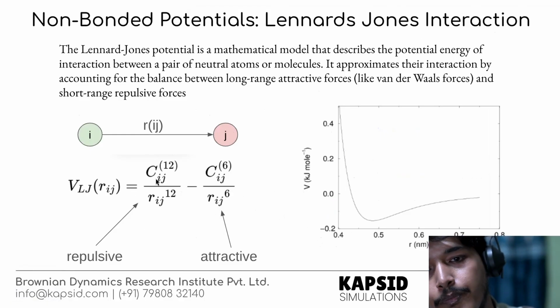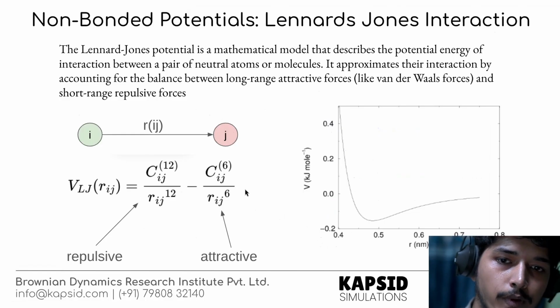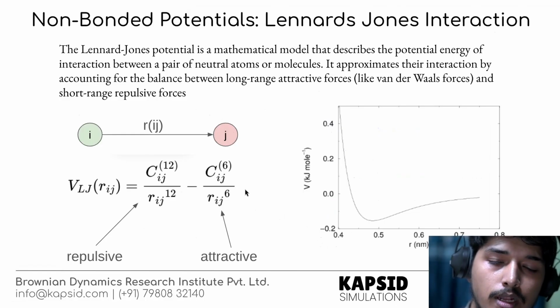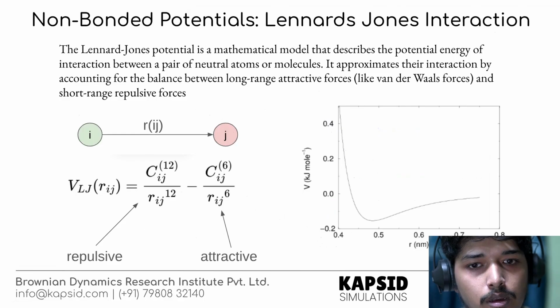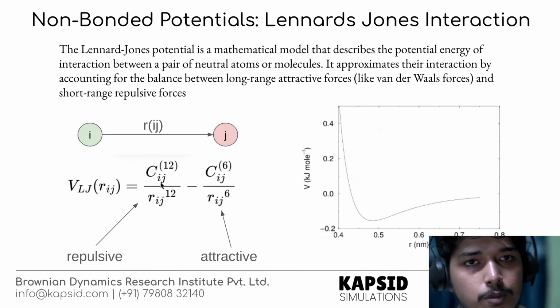Now, why are we choosing Lennard-Jones? Because this is very computation friendly. What I mean by computation friendly is that calculating these values is pretty easy.